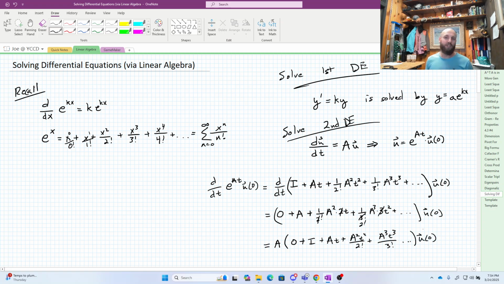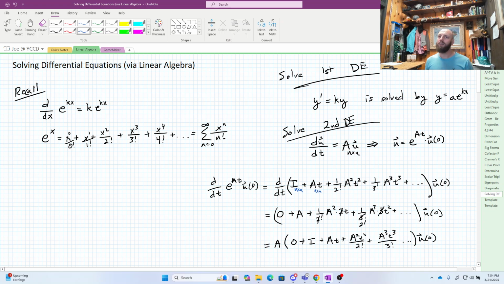So what's the deal with u of 0? Well, when I think about what this is categorically, right? I'm looking at adding all these things up. Let's say A is an n by n matrix, just for kicks, right? So I'm going to go in here and add some dimensionality. This is A to the 0 power. That's going to be an n by n matrix. This is an n by n matrix times a scalar.